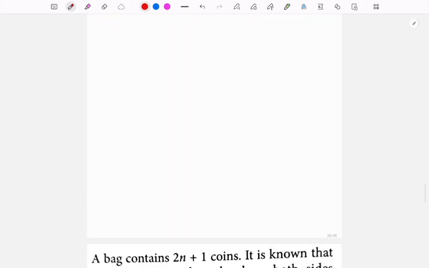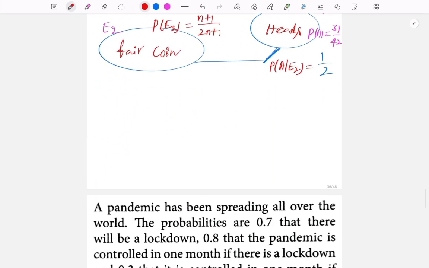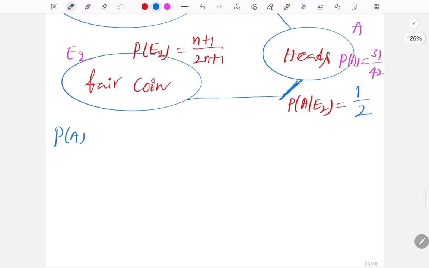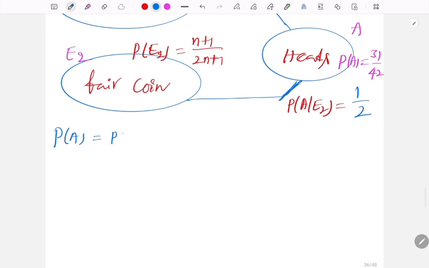Okay, I will write one more time. P of A is equal to P of E1 into P of A by E1 for the first event, plus the second event P of E2 into P of A by E2. Substitute all those values.